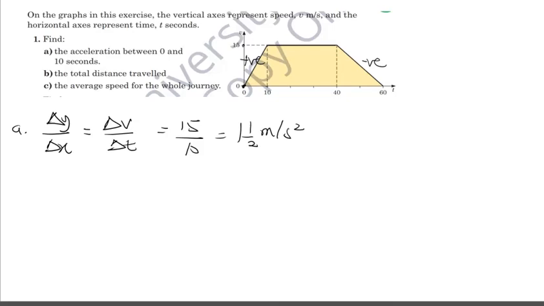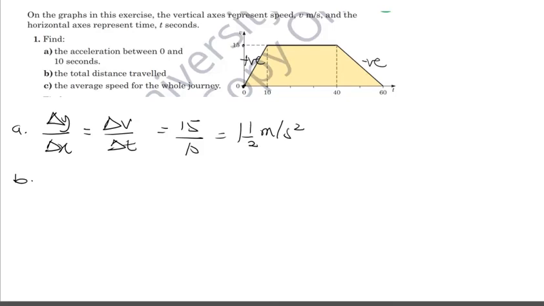When we go to B, it says we should find the total distance traveled. Like I said earlier, the total distance traveled is the area under the graph. If you observe carefully, in this particular instance, we have a trapezium, so it's much easier to calculate the area.